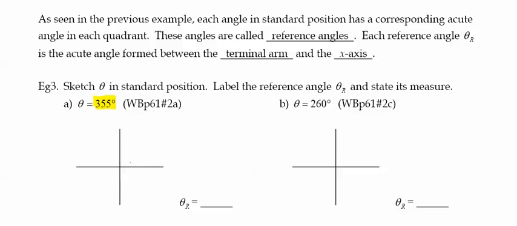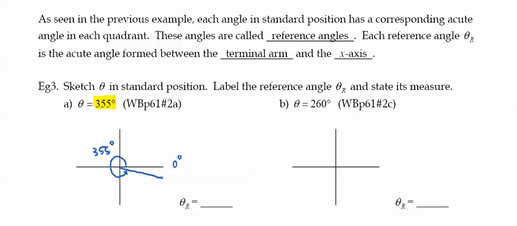Instead of measuring your angle going from 0 degrees and turning almost a complete circle to get 355, this angle goes all the way to quadrant number 4.